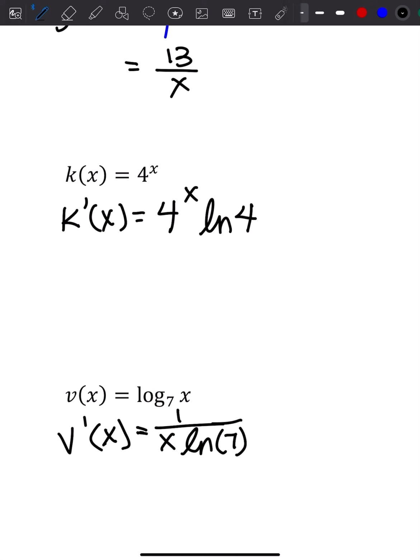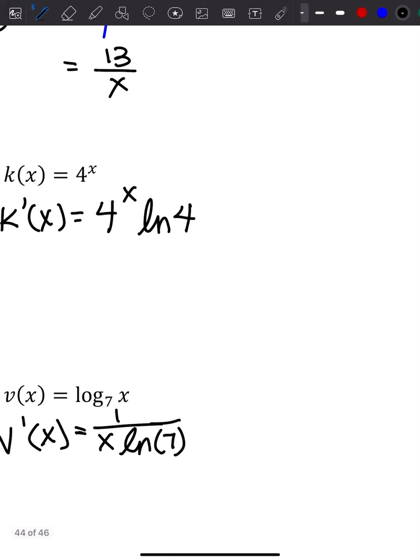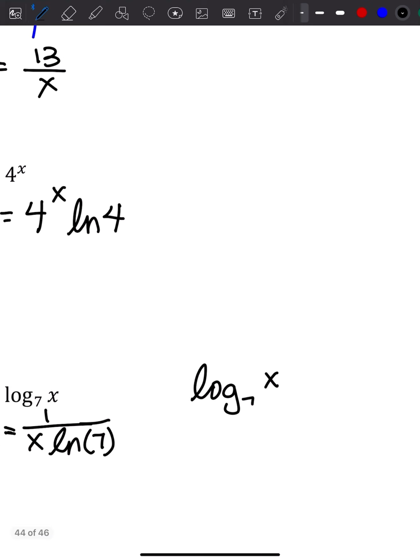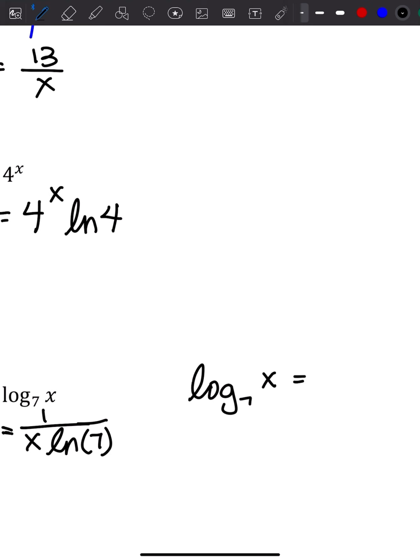This comes from this thing called change of base. So if I have log base 7 and I didn't like the base of 7, I could change that to something else, which would be something like the natural log of x divided by the natural log of 7.